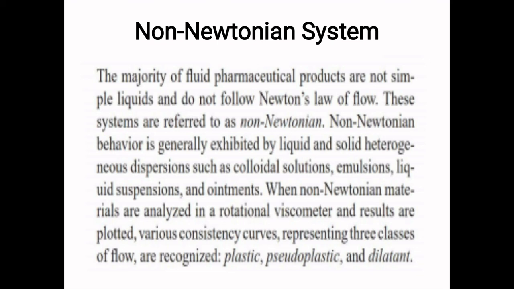So this is mainly about the non-Newtonian system or non-Newtonian fluid, which is mainly heterogeneous kind of fluid mainly used in the pharmaceutical field and which does not follow Newton's law of motion. That's why this system is called non-Newtonian system.